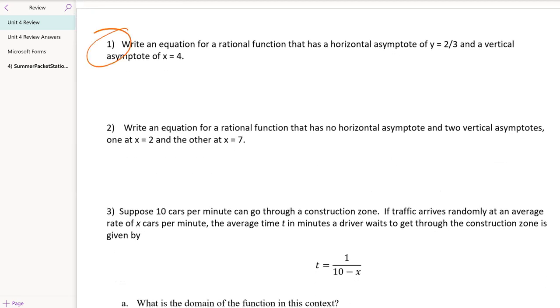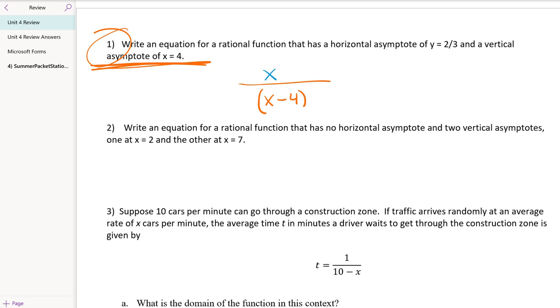So these ones here, you're basically creating your own. So if I need a vertical asymptote at x equals 4, that means in my denominator, I need x minus 4. If I need a horizontal asymptote at 2/3, that means that I need the same exponent, so I have to divide the leading coefficients.